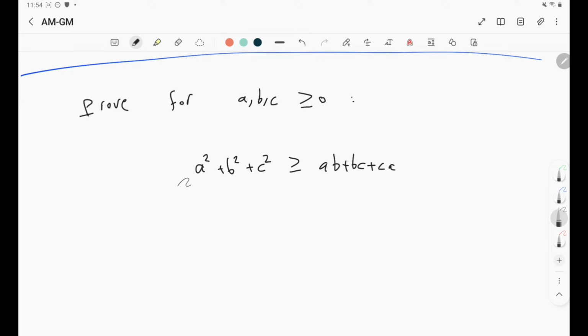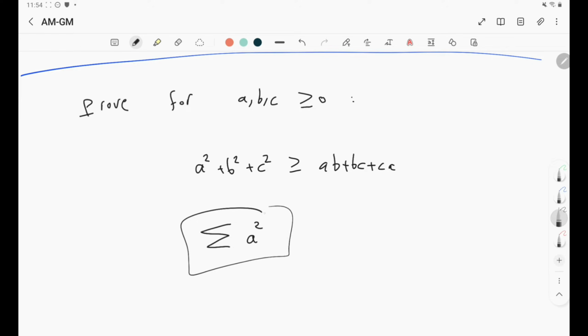For example, we can represent the left hand side using sum a square. Of course, it should be clear that we just have three numbers, because if we have just two numbers, it will be just a square plus b square, or if you have four numbers, it will be a square plus b square plus c square plus d square. So it should be really clear that we have three numbers here.